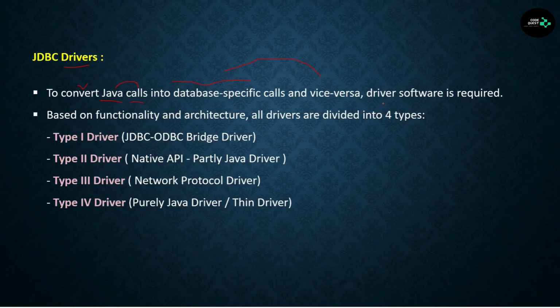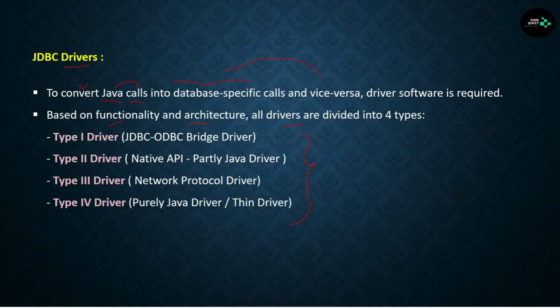So drivers are just like translators who are going to translate the Java calls into the database specific calls and database specific calls to the Java calls. And based on the functionality and the architecture, there are so many drivers we have, but we have divided the entire set of drivers available into 4 types very specifically.